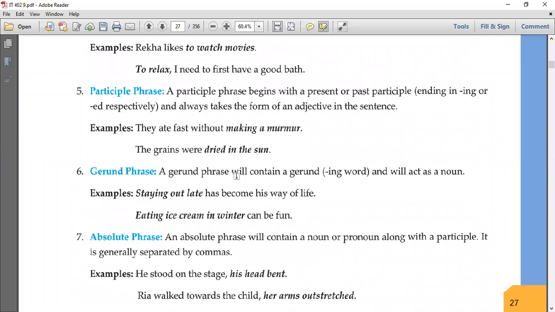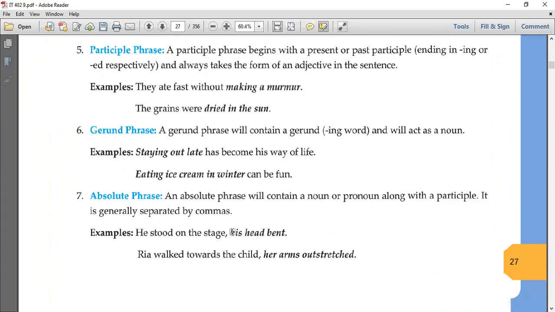Then gerund phrases, which contain a gerund. Gerund is the ing kind of word. That's staying out, eating ice cream, right? And it acts as a noun. Staying out late, eating ice creams in winter. Absolute phrase, which contains a noun or pronoun along with the participle, right?